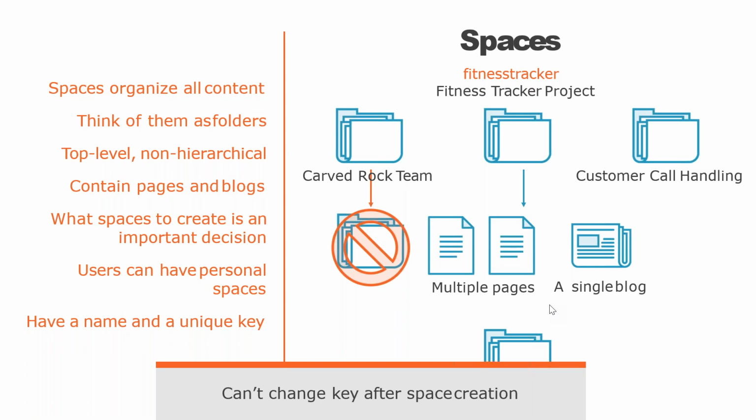Let's say there's one project ABC, so we'll create a Confluence space ABC. Any documents, any knowledge, any information, any files which belong to the ABC project, you can keep in the space ABC. You call a space the place where you organize all the content. Think of them as a folder, top level, non-hierarchical.